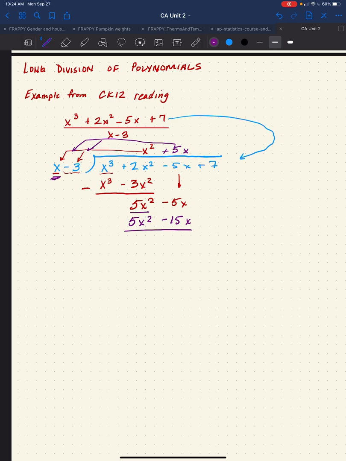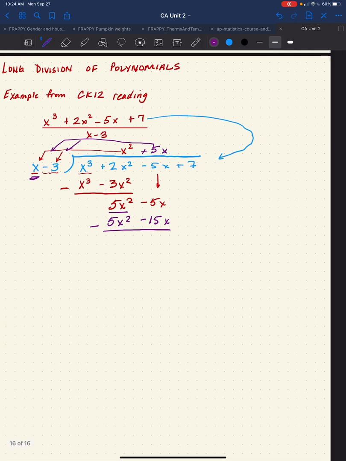And now when I subtract, negative 5x minus a minus 15x, that becomes a plus, and I end up with a positive 10x as a result. Carry down the next term, plus 7.